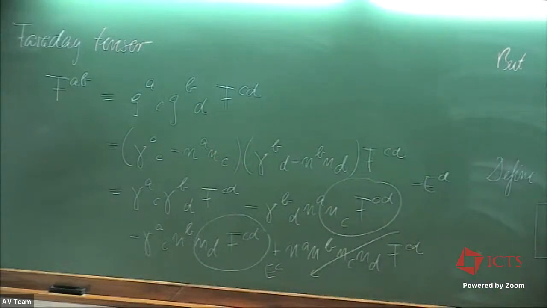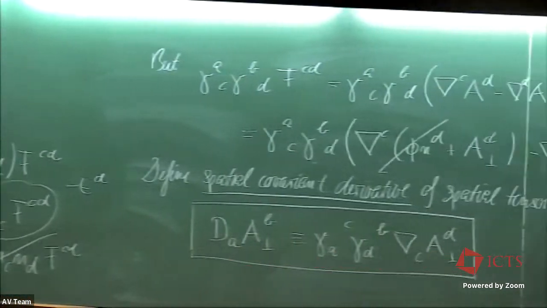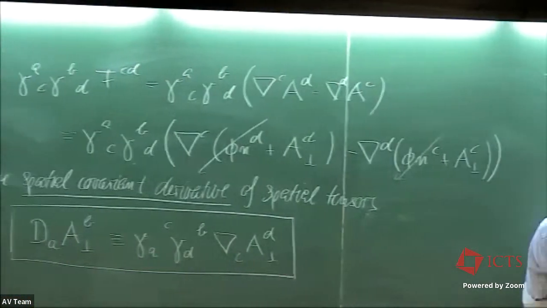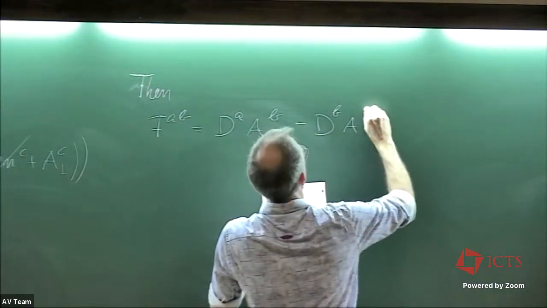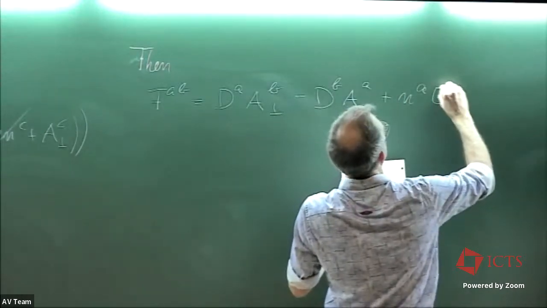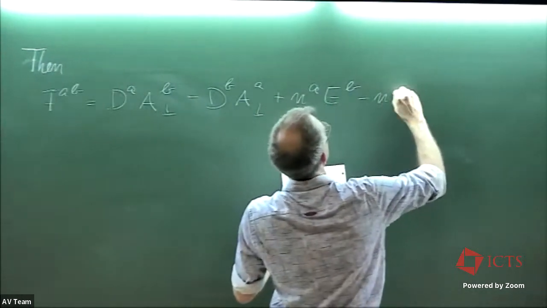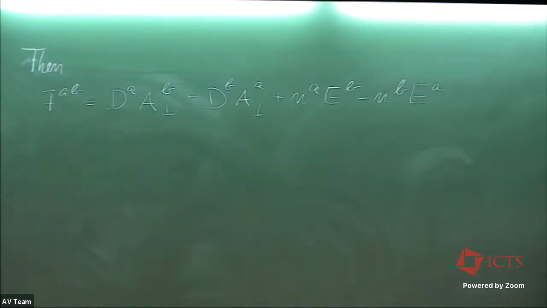So we have FAB is then dA, A perpendicular B, minus dB, A perpendicular A, plus NA EB minus NB EA. This is antisymmetric as it should be.